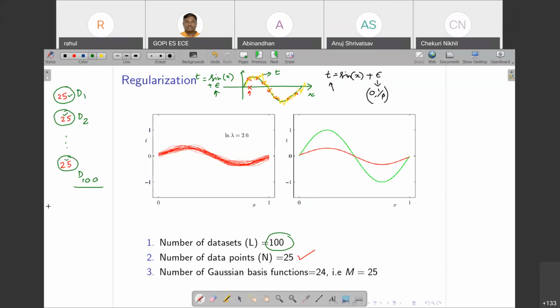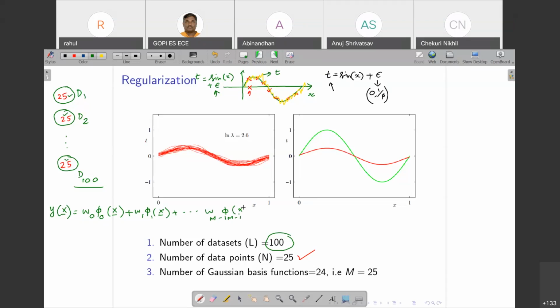Now you are going to use the parametric approach. You know the model y of x is w naught phi naught of x plus w1 phi 1 of x and so on, up to w m minus 1 phi m minus 1 of x.